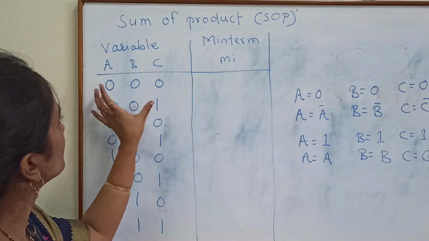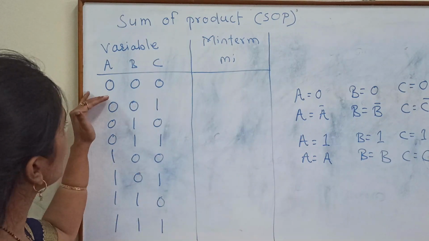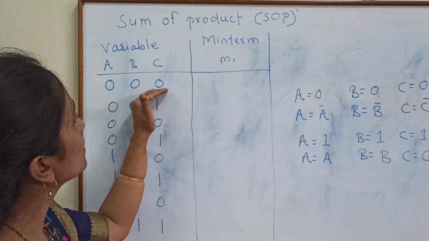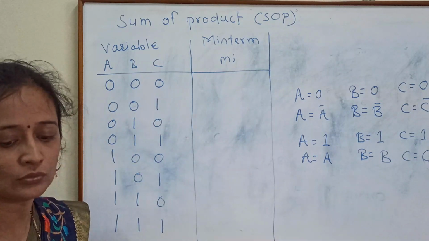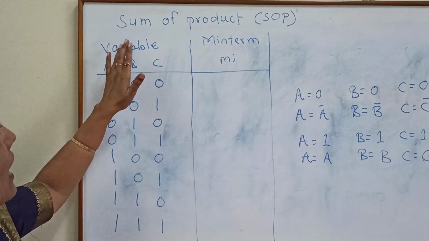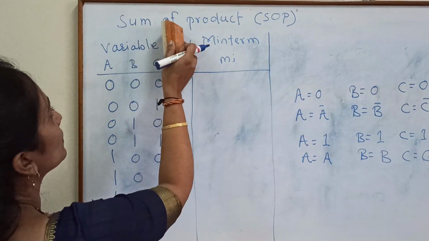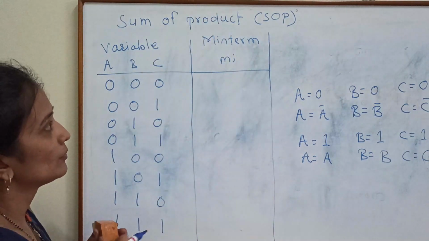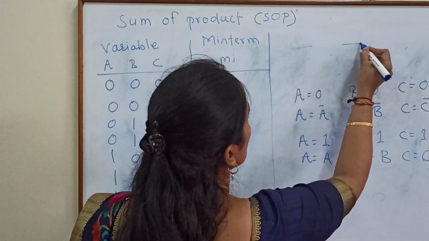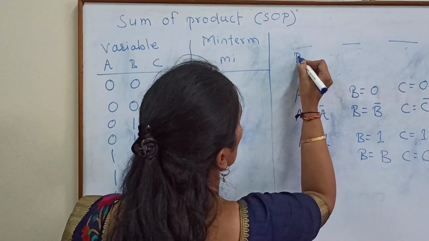Now first, this term: A is equal to 0, B is equal to 0, C is equal to 0. We are writing sum of product, which means each and every term will be a product.